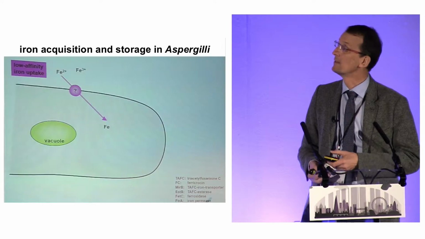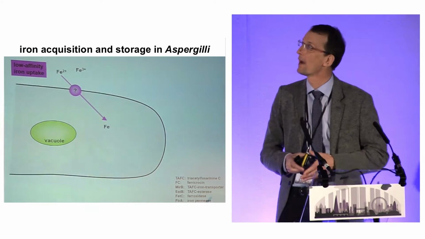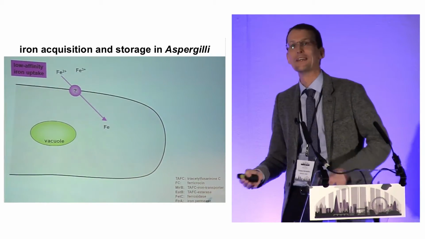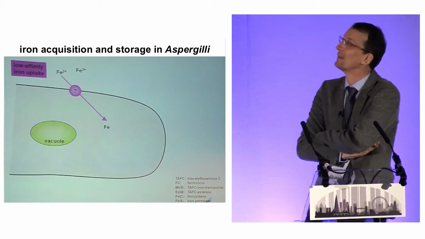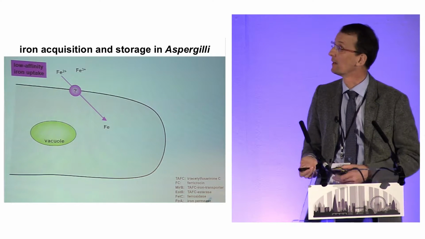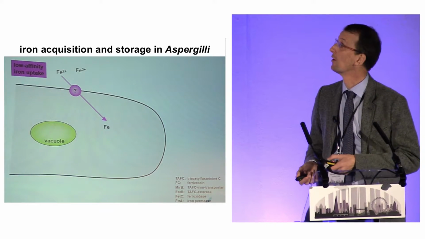But also the pathogen is fighting for the iron, and in particular Aspergillus has been investigated very in depth by one group in Innsbruck by Mr. Haas, looking at the iron acquisition of Aspergillus.